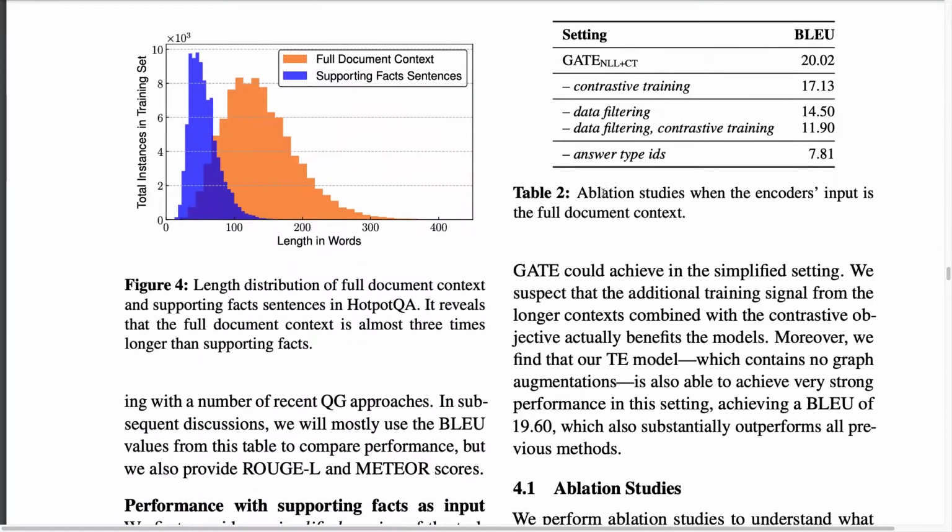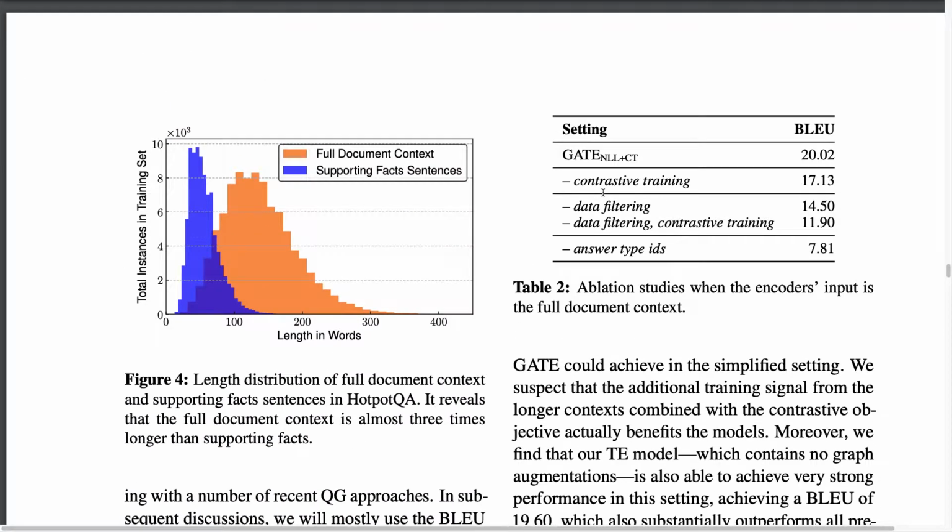When it comes to some ablation studies that the authors perform on this GATE model, it seems that a special contrastive training mechanism that they propose in this paper is quite important, resulting in 3 BLEU points improvement. Also, the authors propose a special method to filter the training data in this HotpotQA dataset.